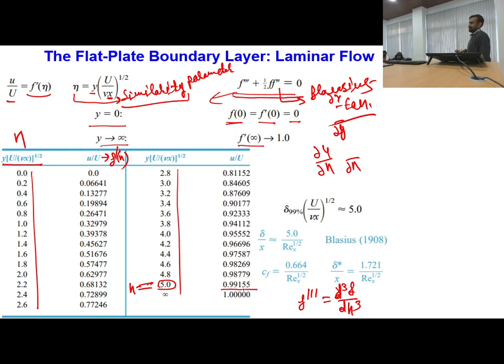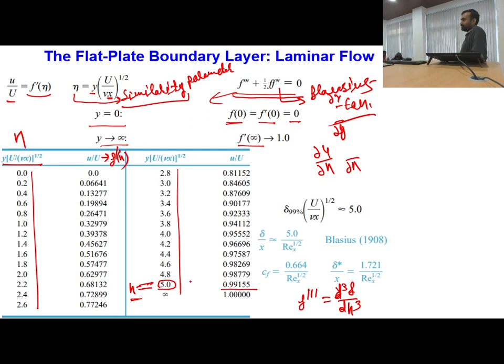What is the meaning of that? When u by U becomes 0.99, that is the point where the boundary layer thickness is present. So in order to calculate the boundary layer thickness, I need to equate eta equal to 5.